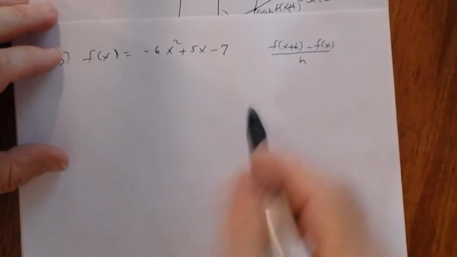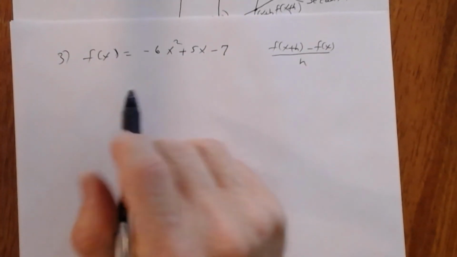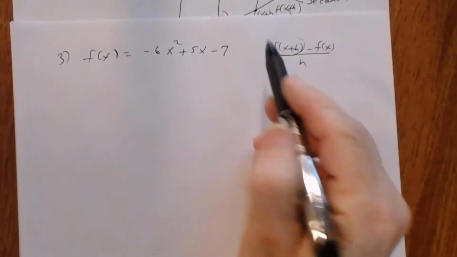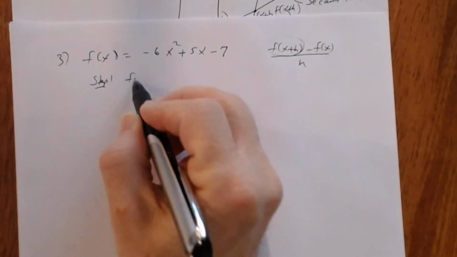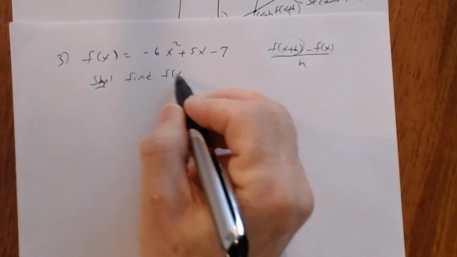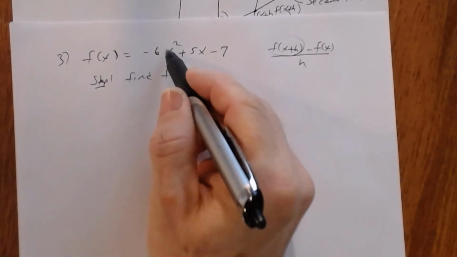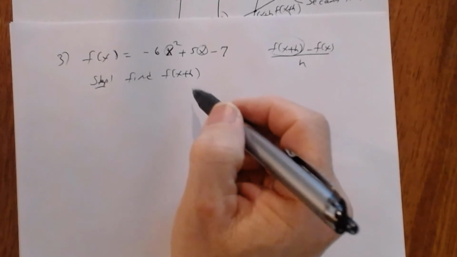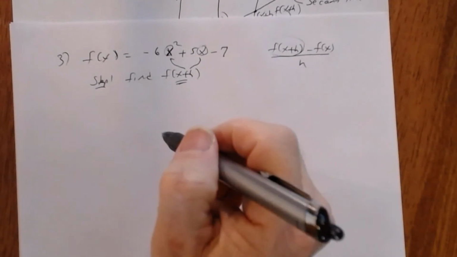Okay, so remember step 1? Always remember, what's my first thing I'm going to do? Well, the first thing I'm going to do is find this part of the numerator. So let's find step 1. Let's find f of x plus h. Just like before, wherever I see the variable x, here and here, I am going to substitute x plus h.